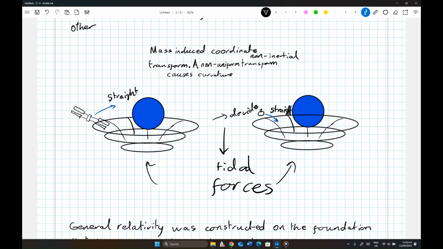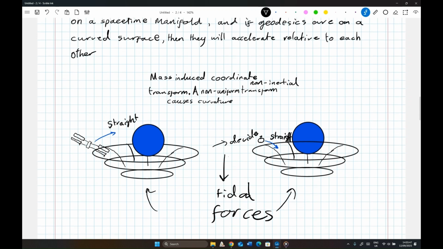The reason why people think that this is a satisfactory visualization of falling inwards due to gravity is that they assume, like Newton, they're siding with Newton, that the surface of Earth is inertial.